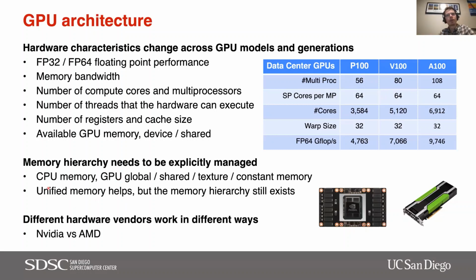So this helps you to prototype code quickly, but usually people will handle that explicitly once they get to performance tuning. And then NVIDIA and AMD work a little bit differently, although basically, a lot of the nomenclature is the same, and they work very similarly with GPUs.